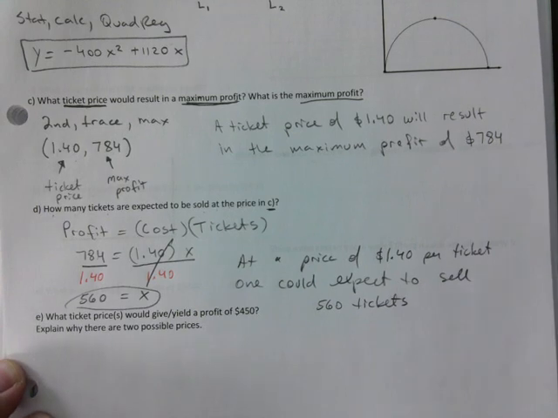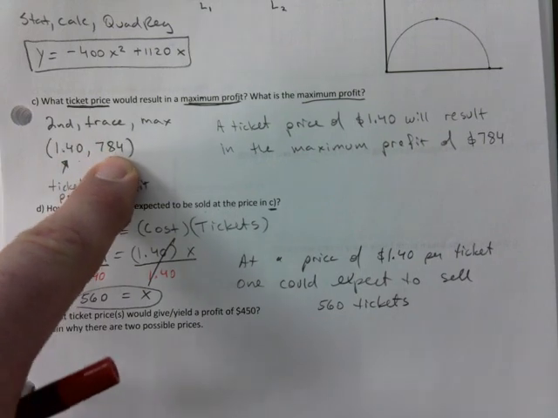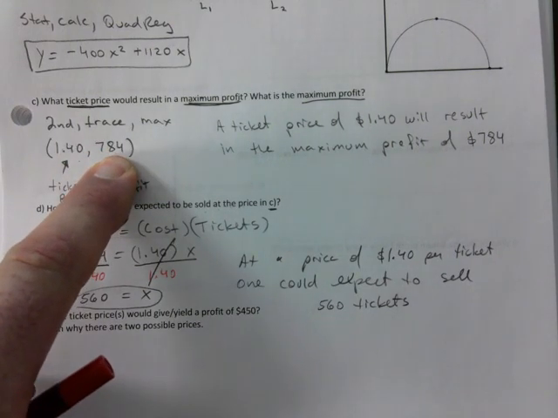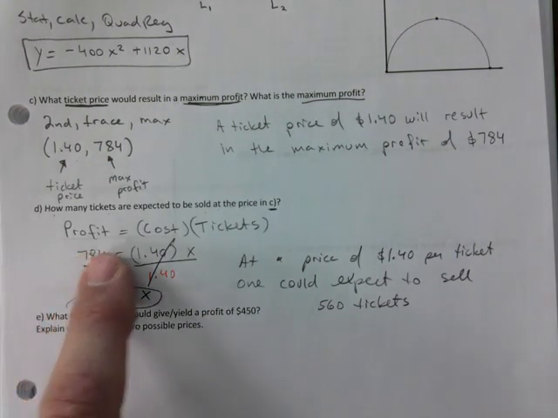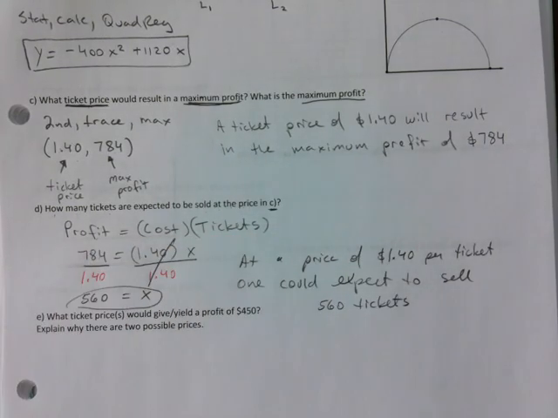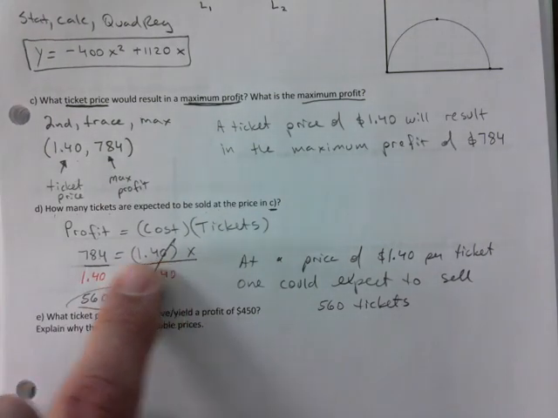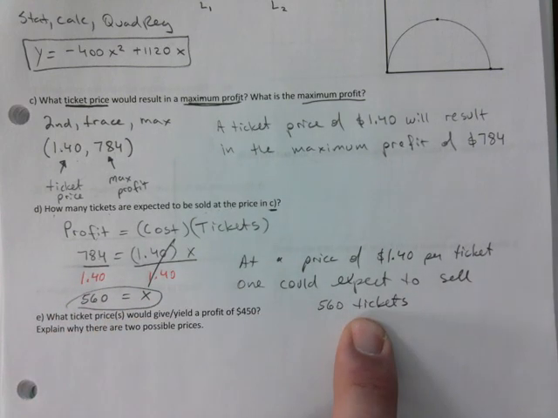At a price of $1.40. So if you were to use the $1.40, which will maximize the profit, you need to now know, well, how many tickets would that be? So we go back to this fact. This is always true, right? And basically we're substituting what we got from the vertex into it, divide, and then figure out the number of tickets.